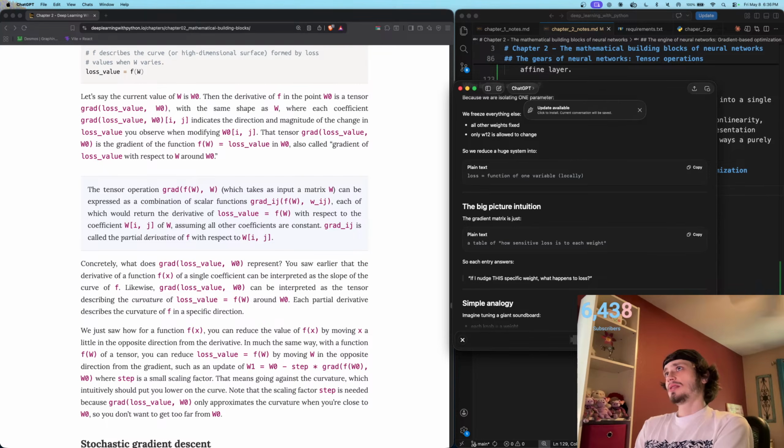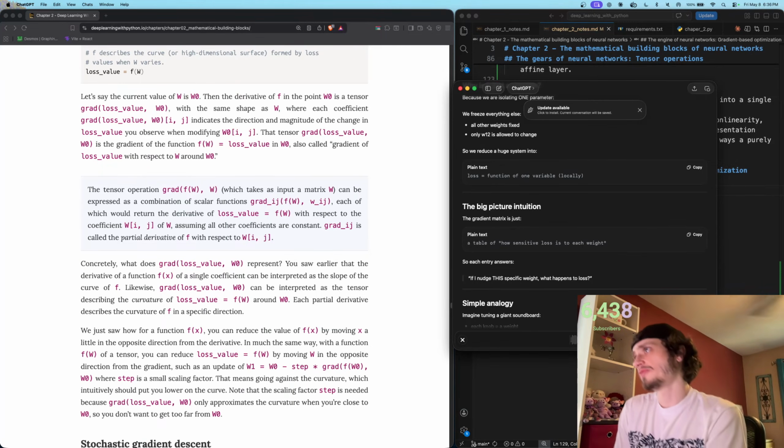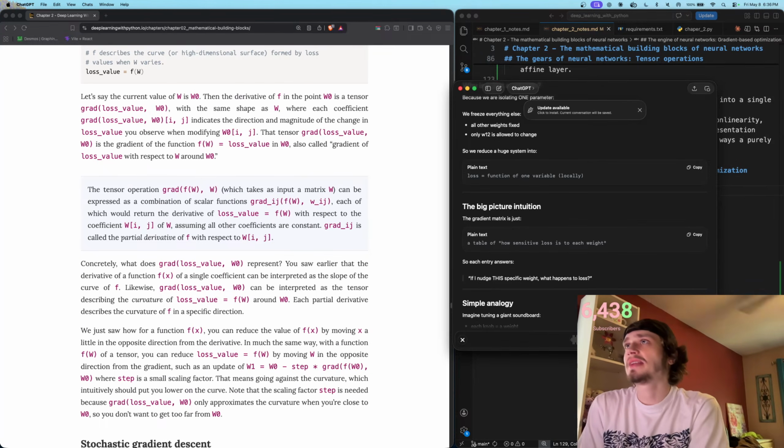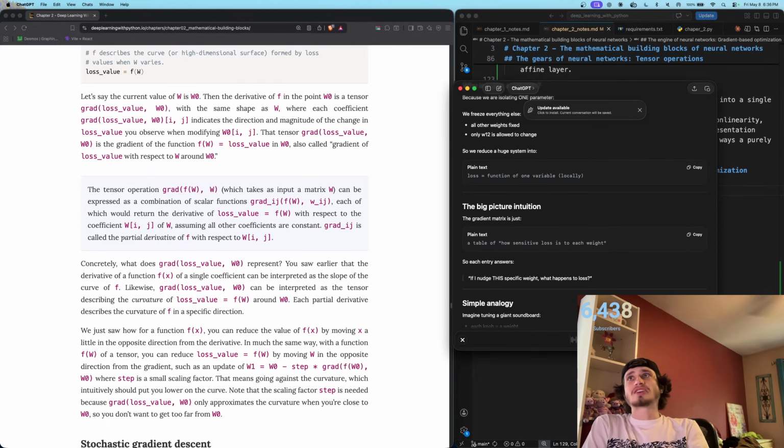So the gradient is just an abstraction on the formality of derivatives, right? But being applied now to a vector object. So we have some weights, W, right? This is a matrix of weight values with some shape. It could be 2D, 3D, or whatever. We compute a gradient given some loss value for some specific weights.